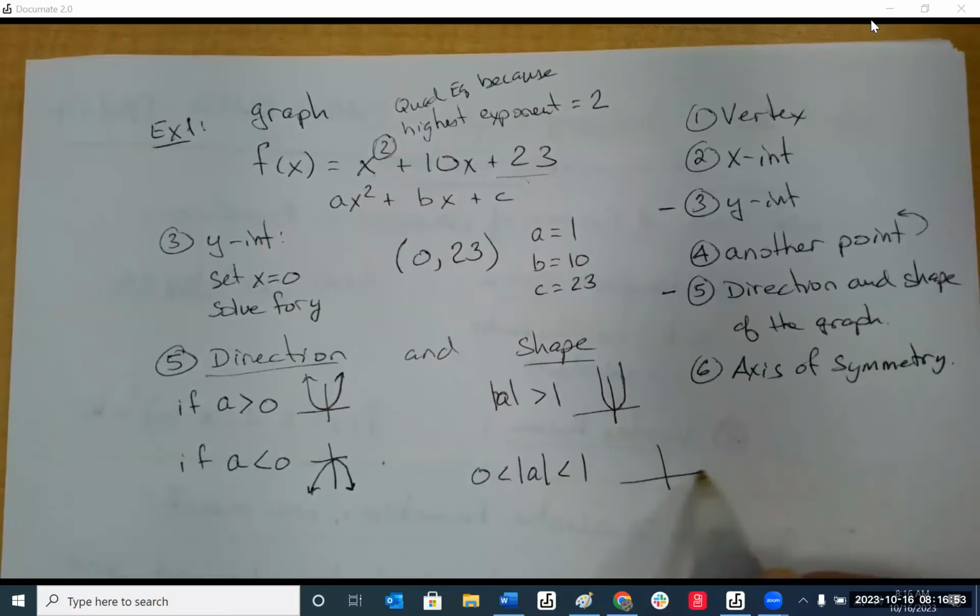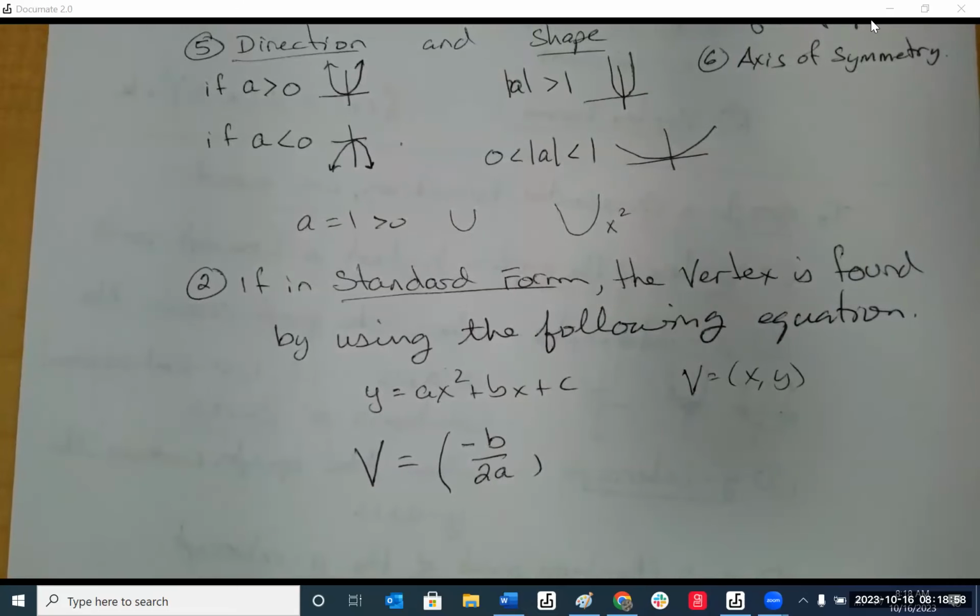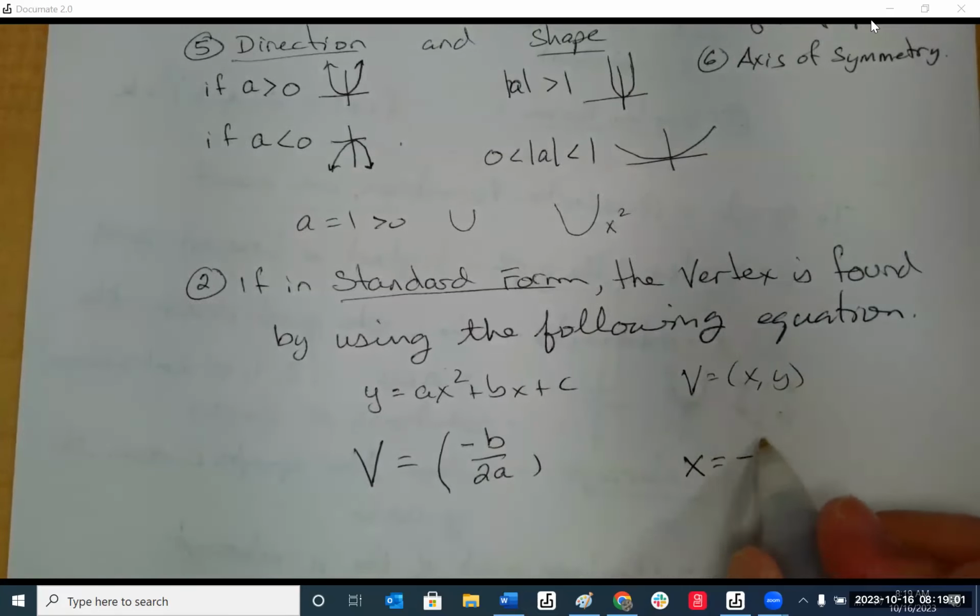If in standard form, remember, if you're in y equals ax squared plus bx plus c, the vertex is a point. So the vertex will have to have an x component and a y component. The x component is found with that formula. So x is equal to negative b over 2a.